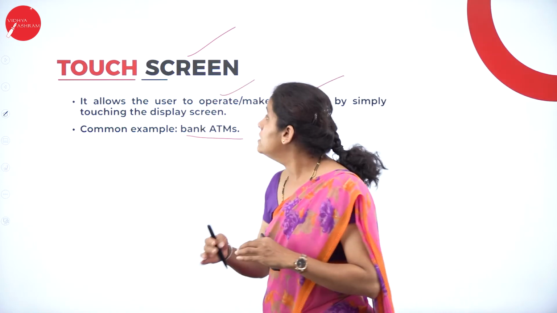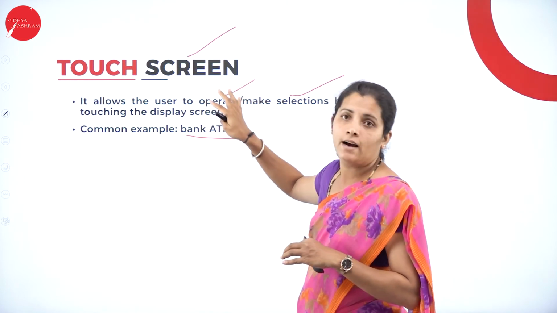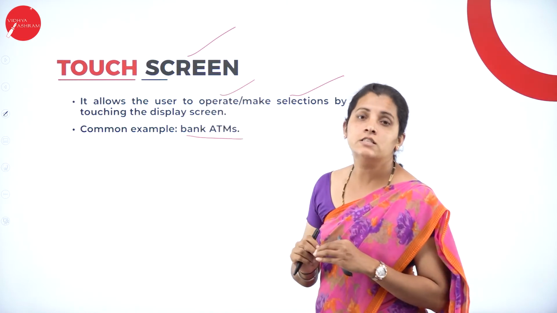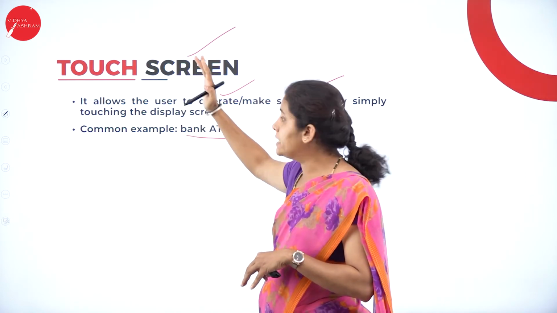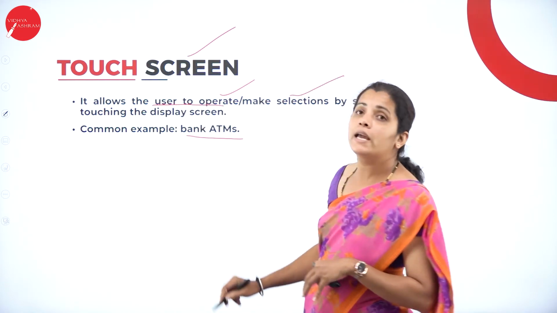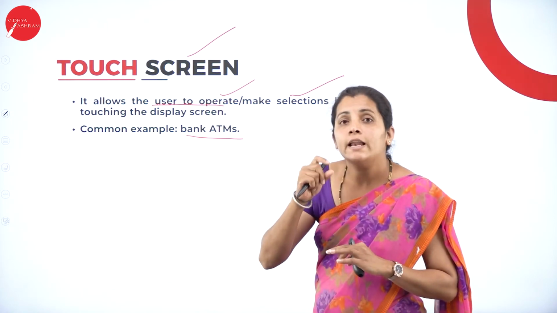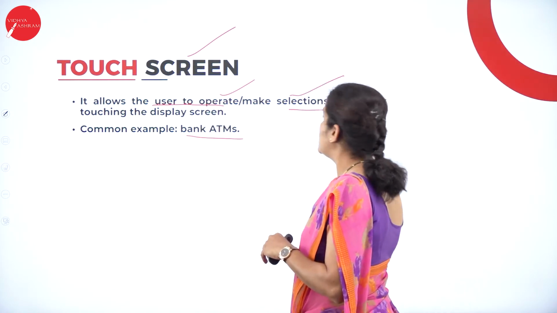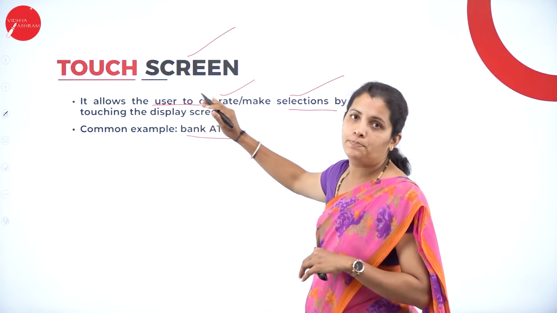Dear students, this touch screen allows the user to select or operate the screen. By using a touch screen, the user can make a selection by simply touching the display screen.